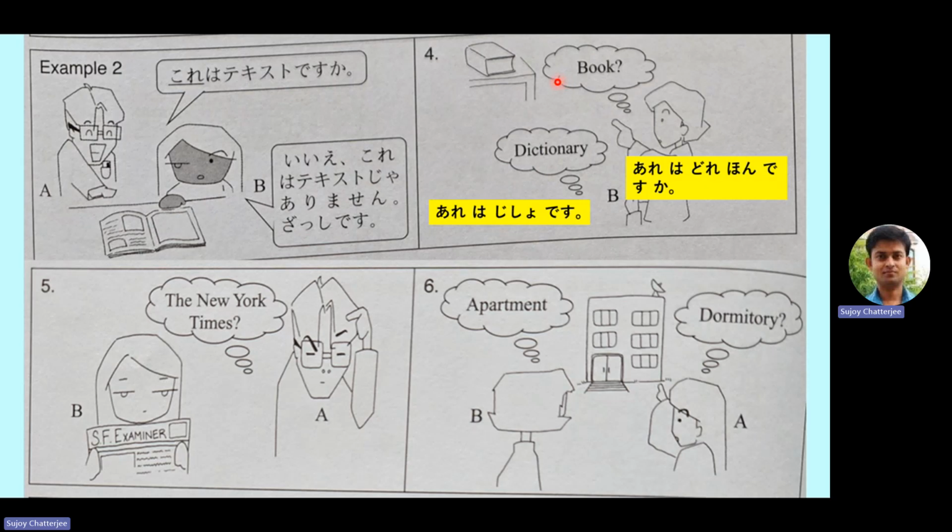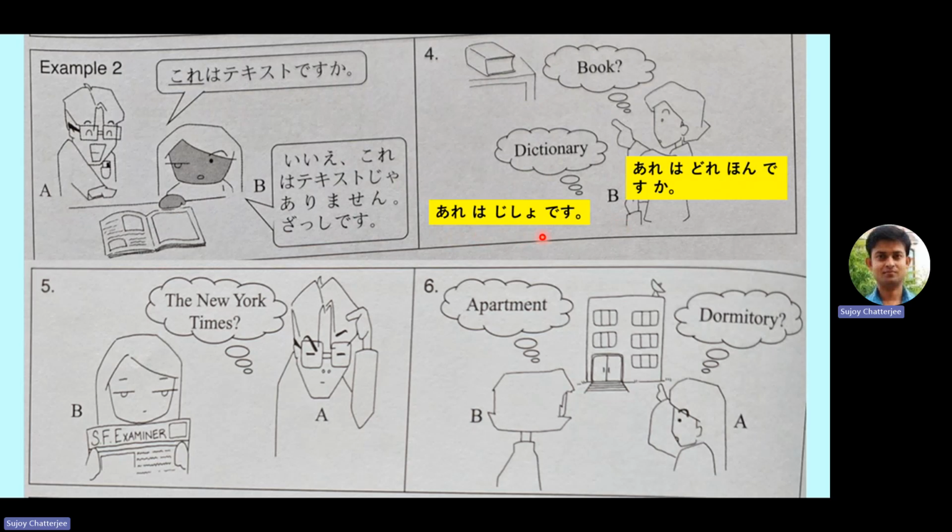If he had asked whether it's a box or something which is not a book, then the answer would have been "Ie, box ja arimasen, jisho desu." But here, since the broader category is the same, because a dictionary is also a book, the question will be "Are wa dore hon desu ka?" And the answer will be "Are wa jisho desu."